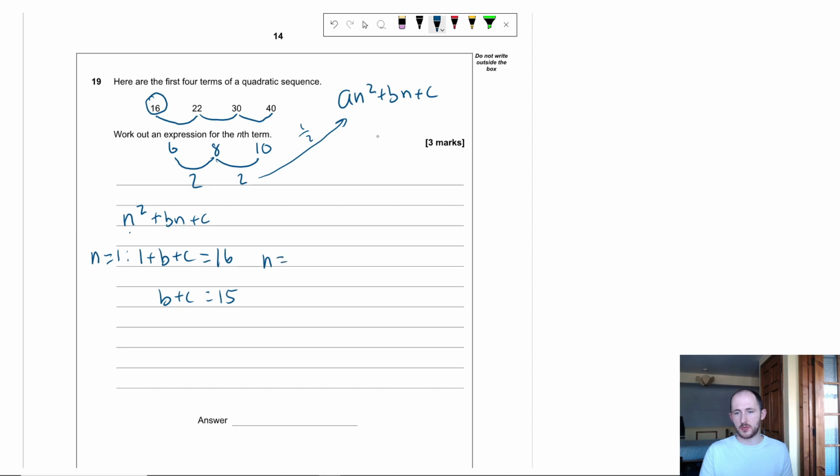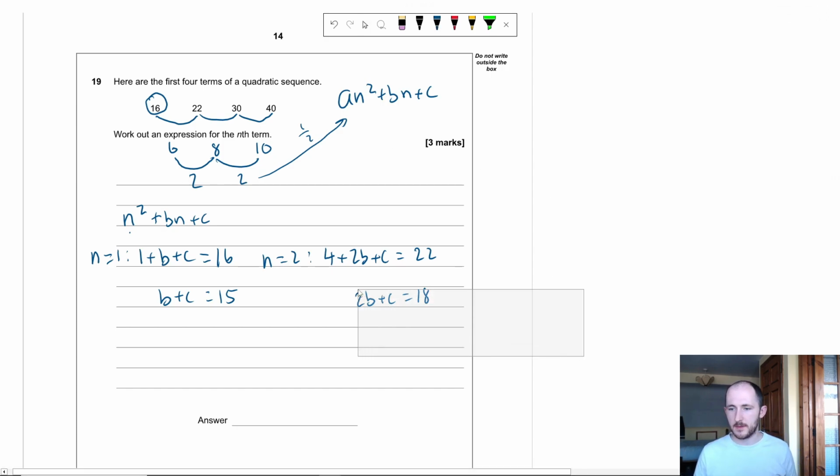And when n equals 2, we know that it equals 22. So 2 squared is 4, plus 2b plus c is equal to 22. Move the 4 over to the other side, we get 2b plus c is equal to 18. Now what we can do is actually subtract these two equations. So I'm going to move these on top of one another, and we're going to subtract the equations.